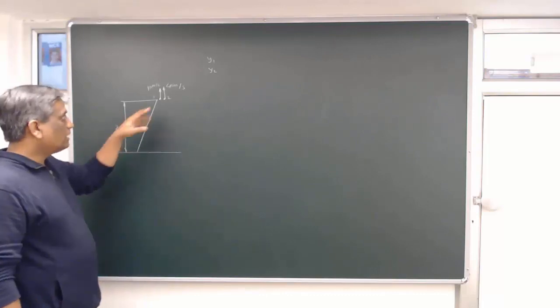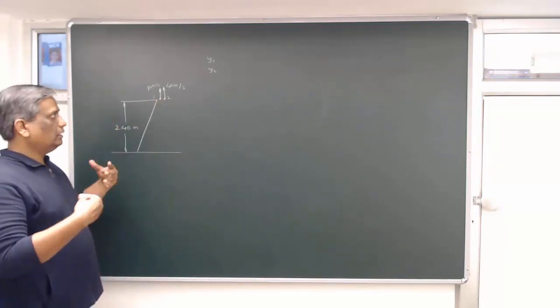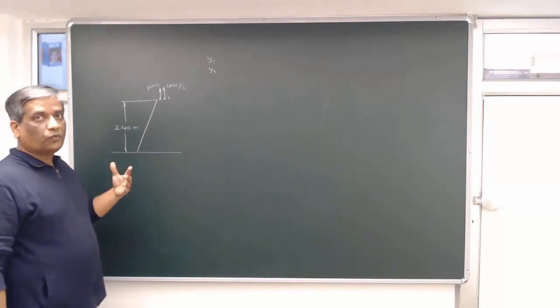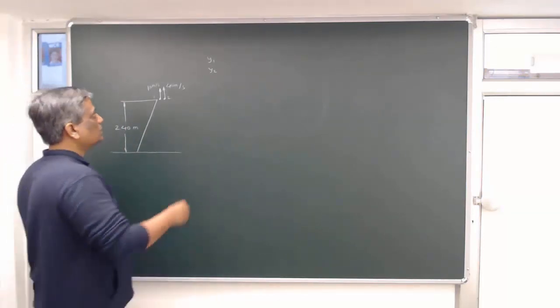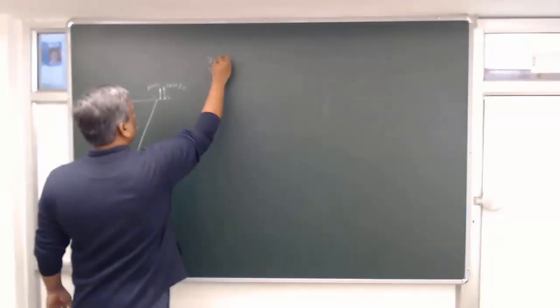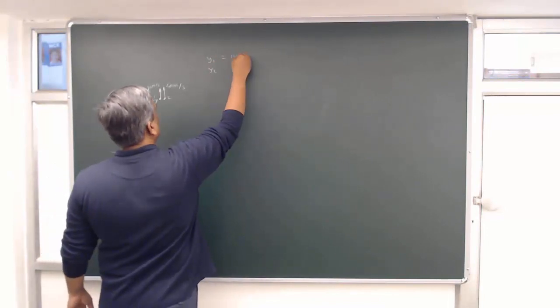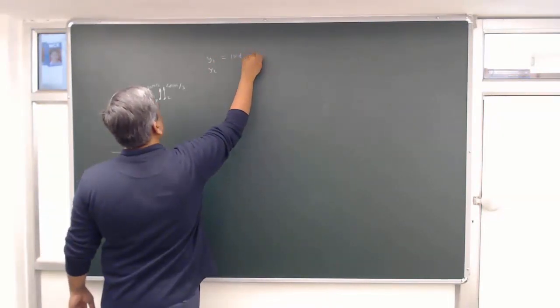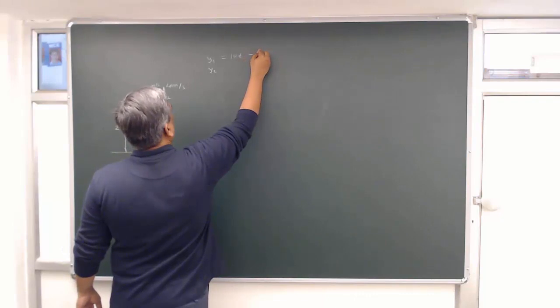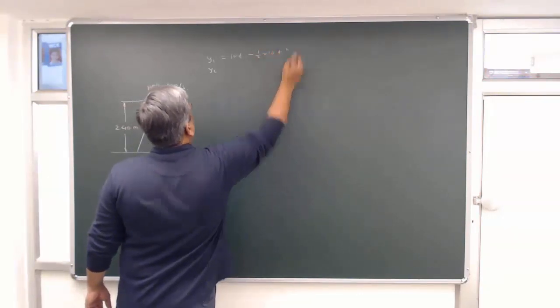So for some time both of them will be in the air. The gravitational force will act on it. So as long as they are in the air, their displacement is going to be given by y1 is equal to 10t minus 1 by 2 into 10 t square.